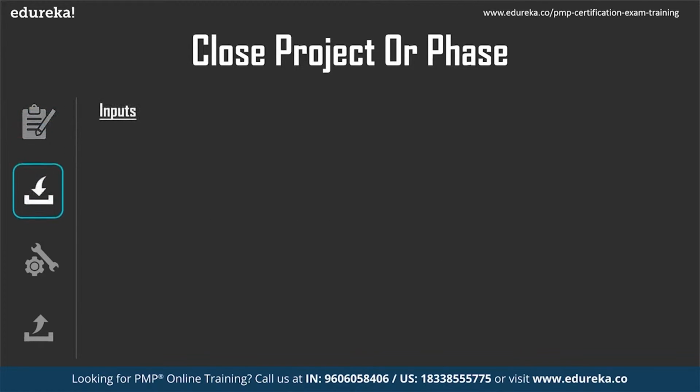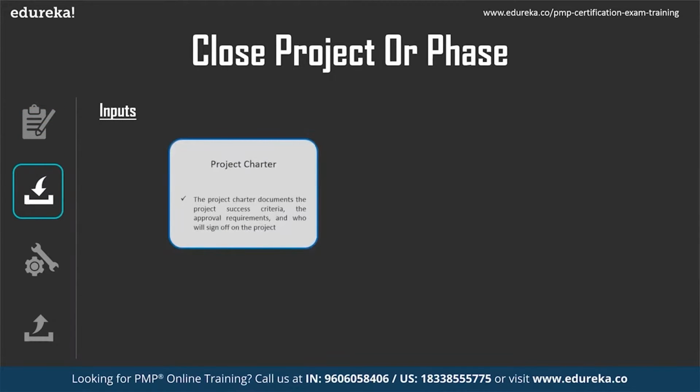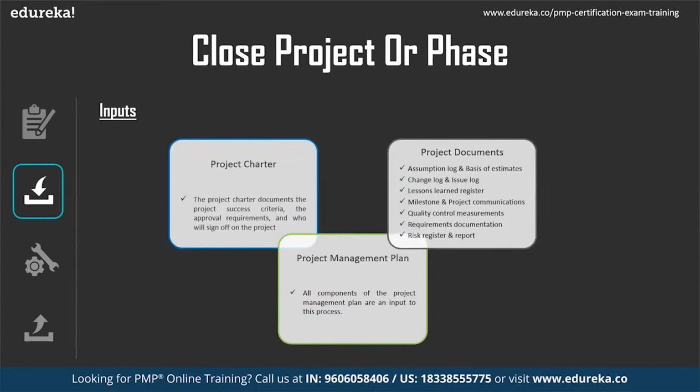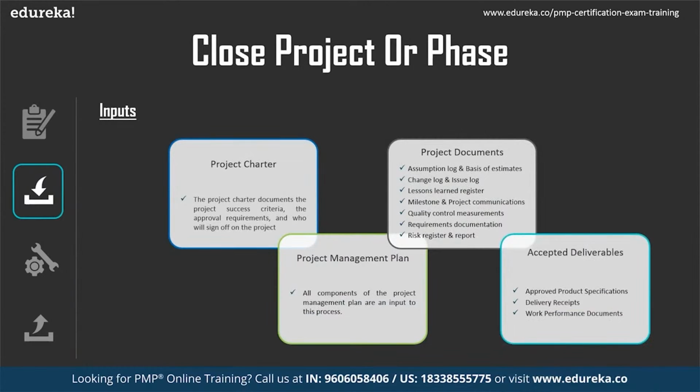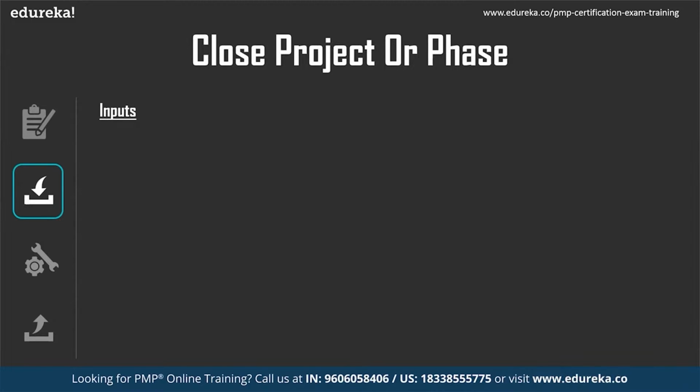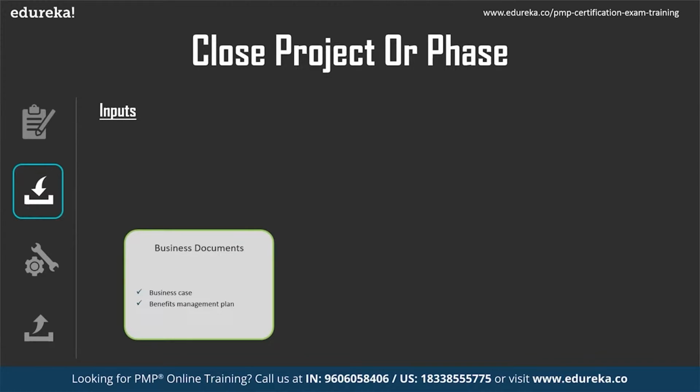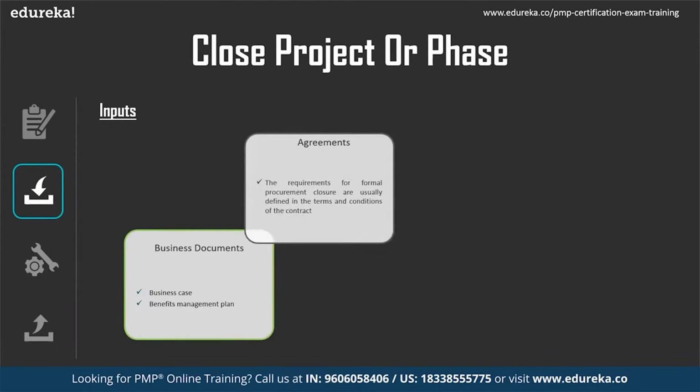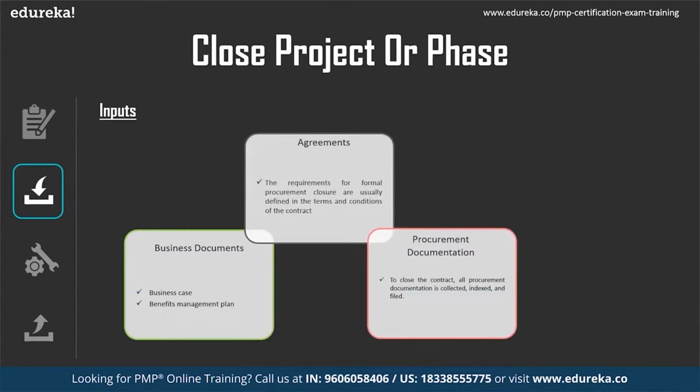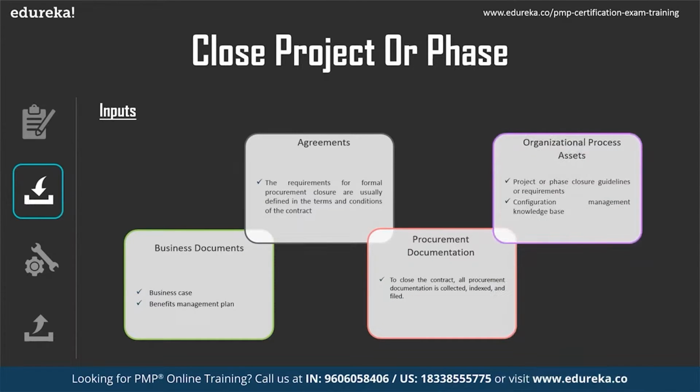The inputs to this process would be the project charter, project management plan, project documents, and accepted deliverables. Other inputs would be business documents like the business case and benefits management plan, agreements, procurement documents, and organizational process assets.